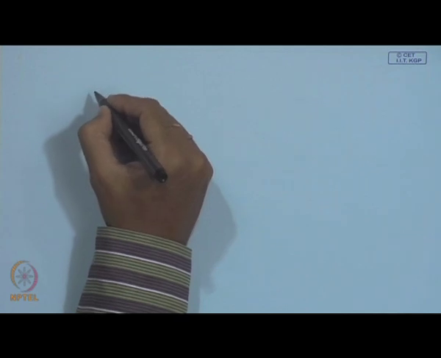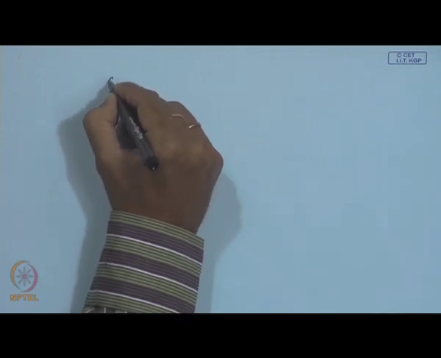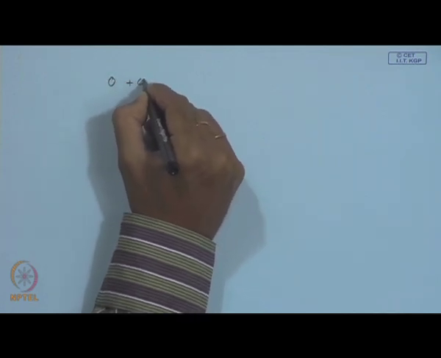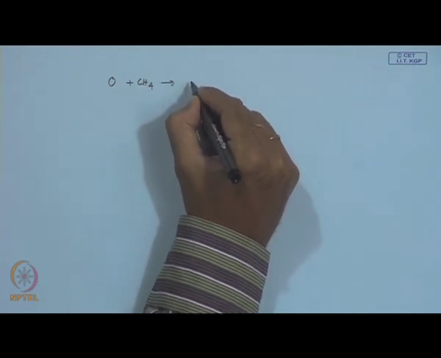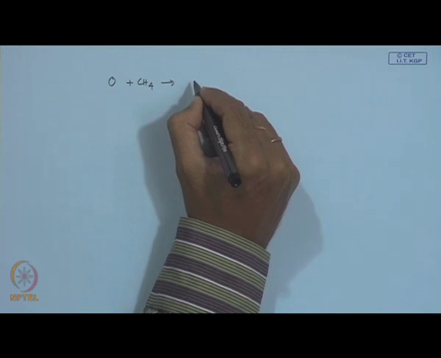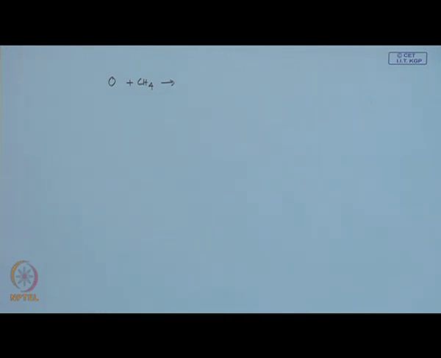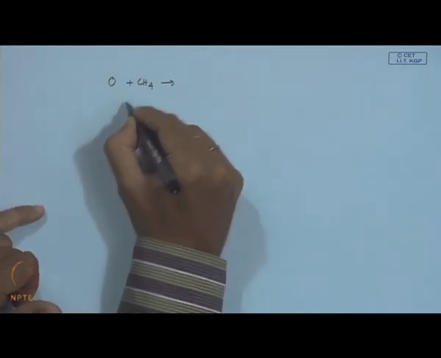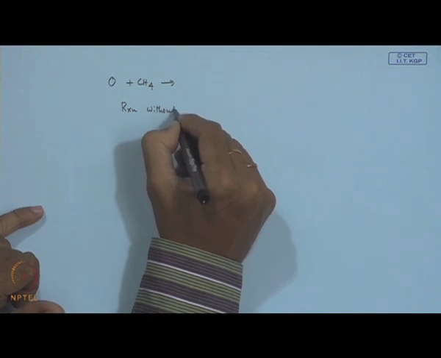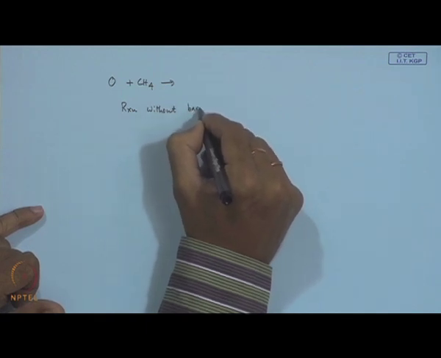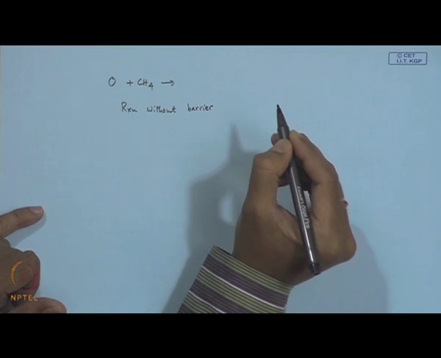Next, look into this reaction, say O plus CH4, that is the insertion reaction. Okay. So, ion molecule reactions often do not have barriers. So, reaction without a barrier. Okay.